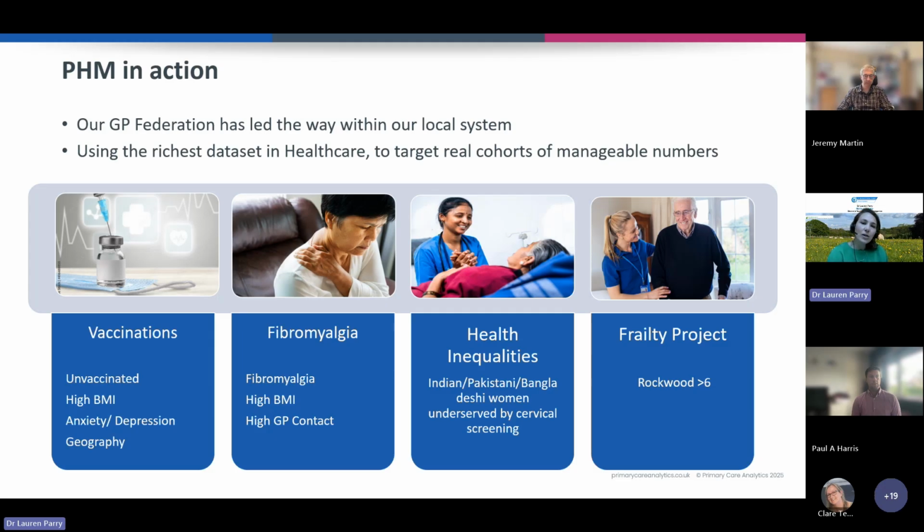But by looking across the whole population, we could see that we were absolutely not reaching these important people in our community. And it's enabled us to then take targeted approaches to really explore with that community why we were not reaching them, why they were underserved by cervical screening. And by really understanding that data, we've now improved cervical screening uptake.